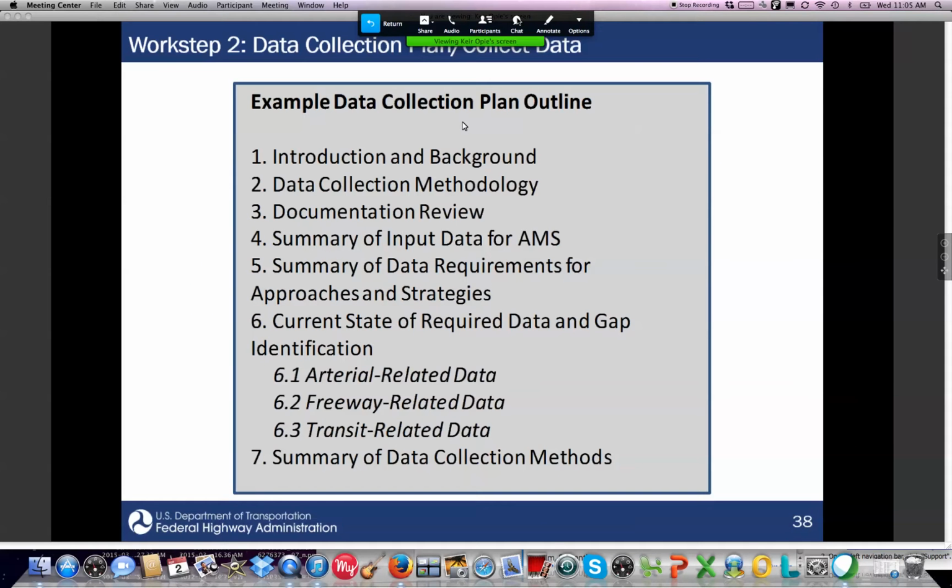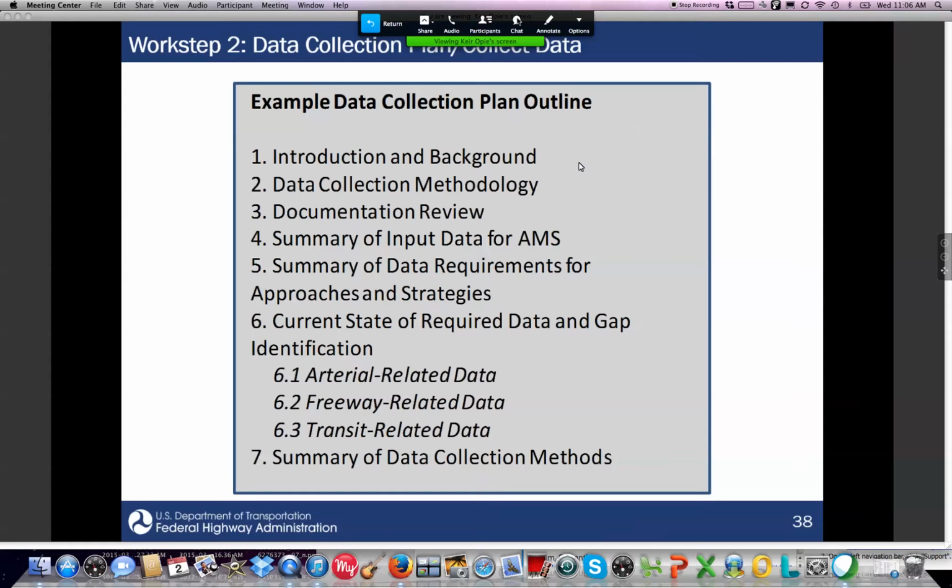So again, looking at the typical outline of a data collection plan, really just making sure that you drive through and look at each of the elements that exist along the way. Especially looking not only at the freeways, which we're used to looking at, but looking at the arterials and looking at the transit data as well.